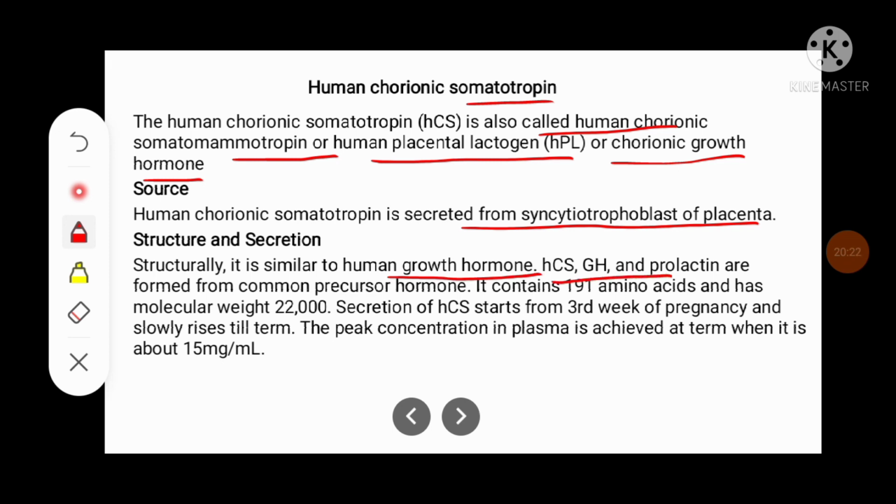HCS, GH, and prolactin are derived from a common precursor hormone. It contains 191 amino acids and has a molecular weight of 22,000. Secretion of HCS starts from the third week of pregnancy and slowly rises till term. The peak concentration in plasma is achieved at term and it is around 15 milligrams per ml.